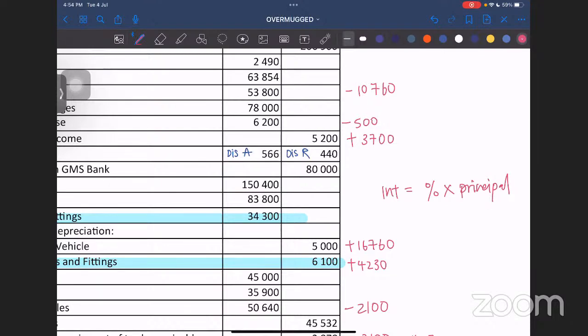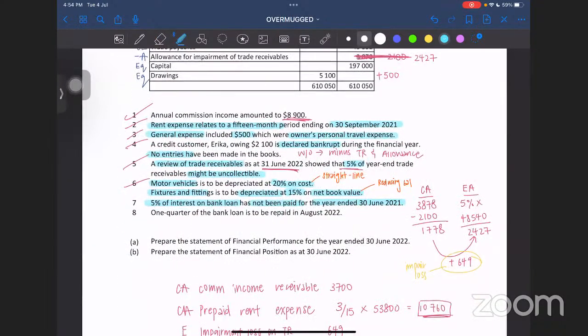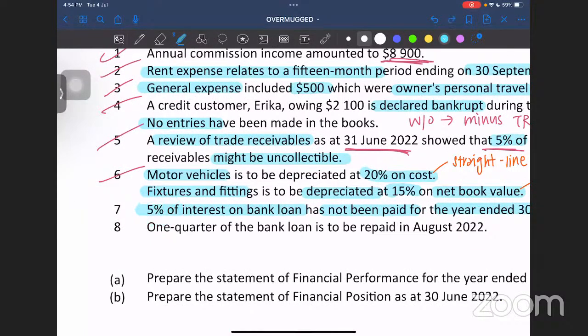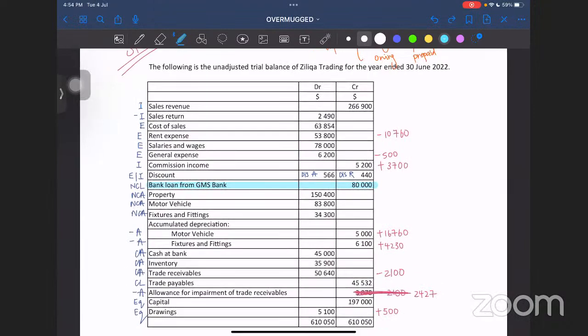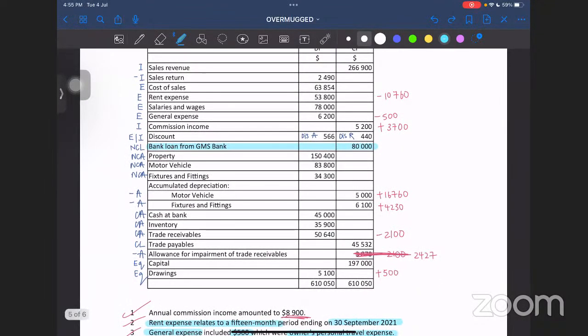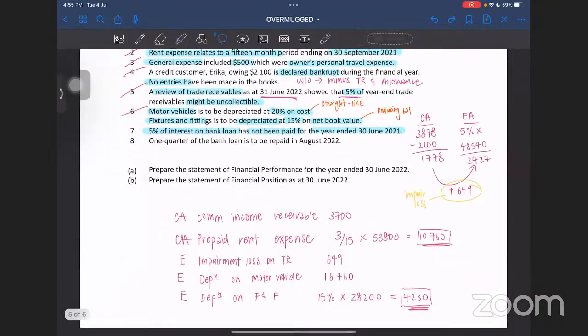So let's go to the loan. Our loan is 80,000, and just now we learned that our interest rate is 5%. So I will take 5% multiplied by 80,000.